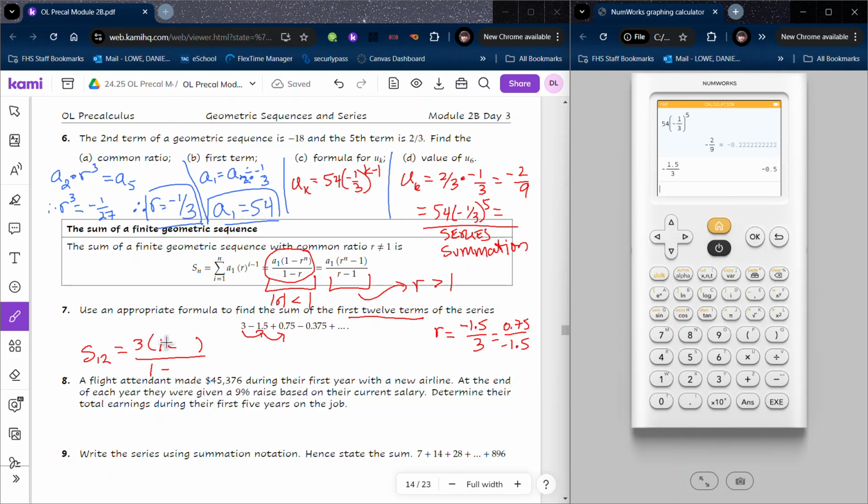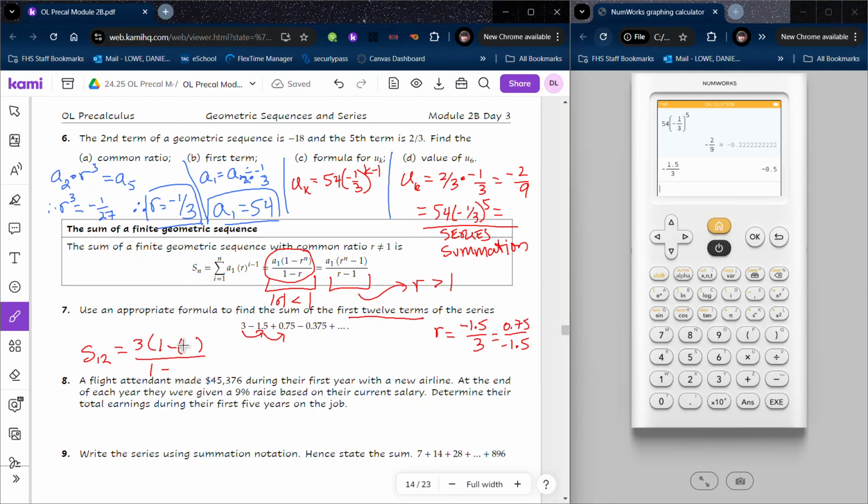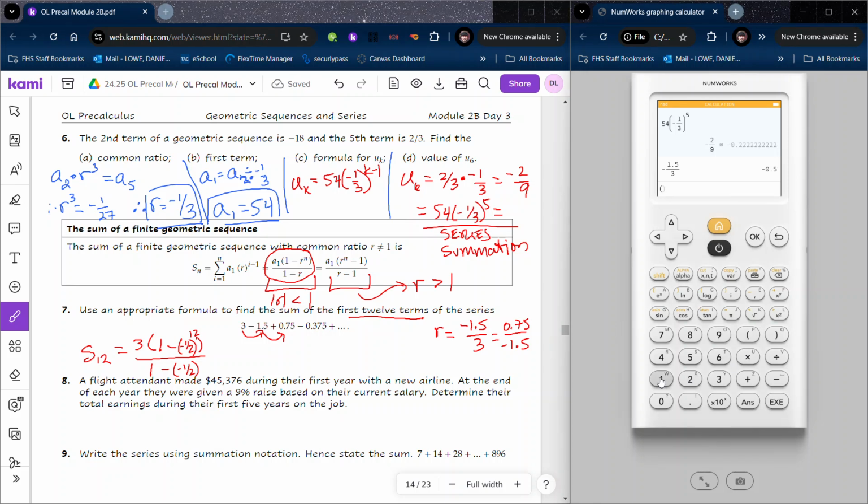So I have 1 minus my common ratio, negative 1/2, raised to the 12th power. And look at my use of parentheses. It's going to be very important to use those parentheses so I don't make a mistake with negative numbers. So for the sum of the first 12, I'm going to need 1 minus parentheses negative 1/2, close that parentheses, and that gets raised to the 12th power.